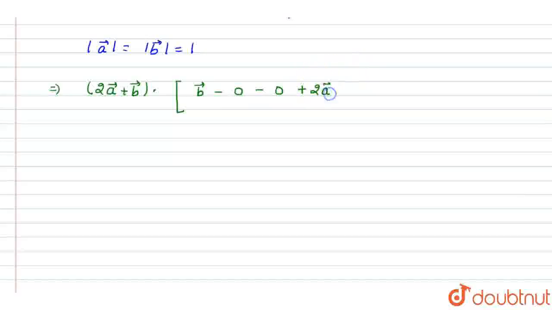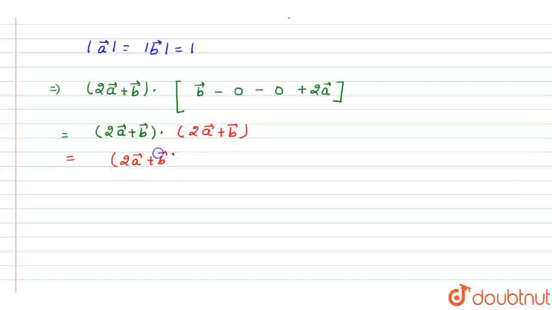From here we get 2a vector plus b vector whole square.